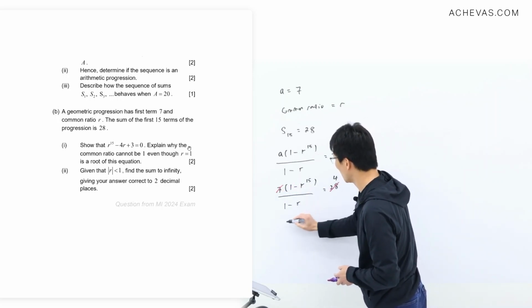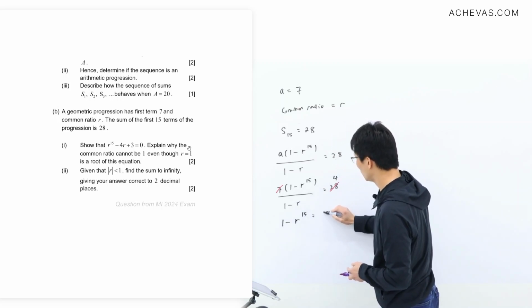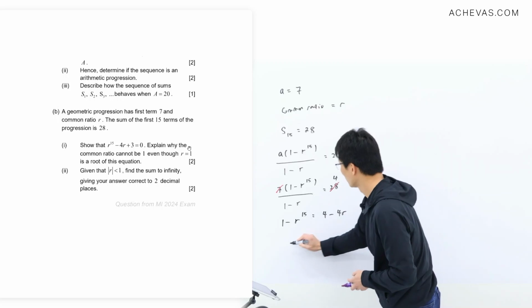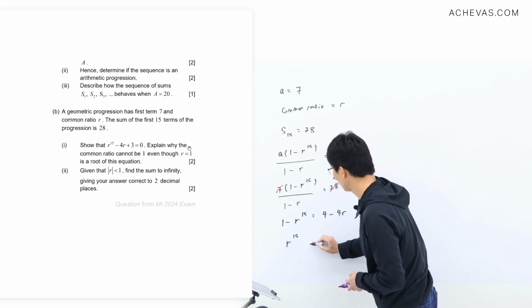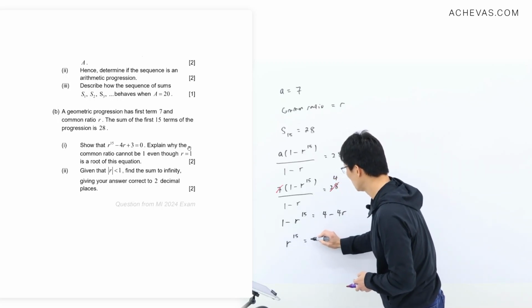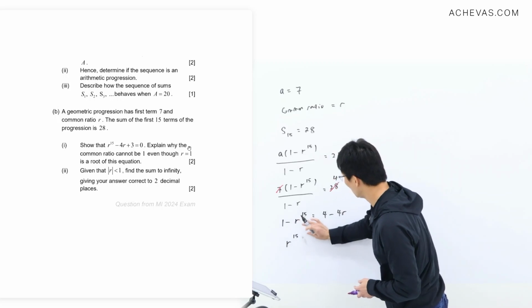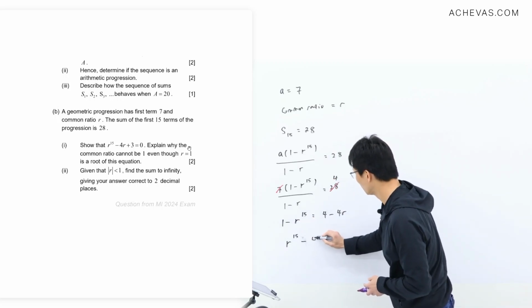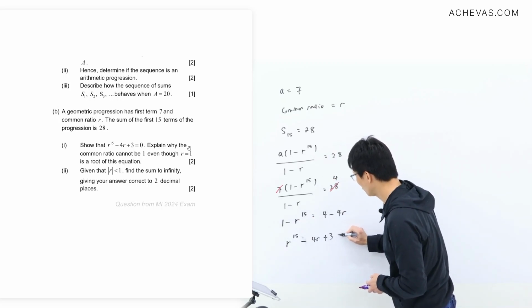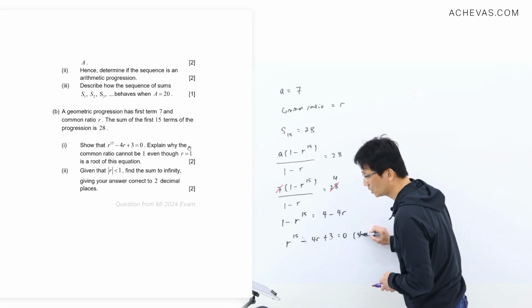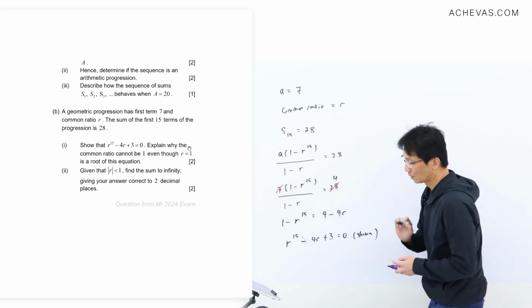Multiply this over to the other side: 1 minus R to the power of 15 equals 4 minus 4R. So R to the power of 15, shifting everything over, I get R to the power of 15 minus 4R plus 3 equals 0, which is shown.